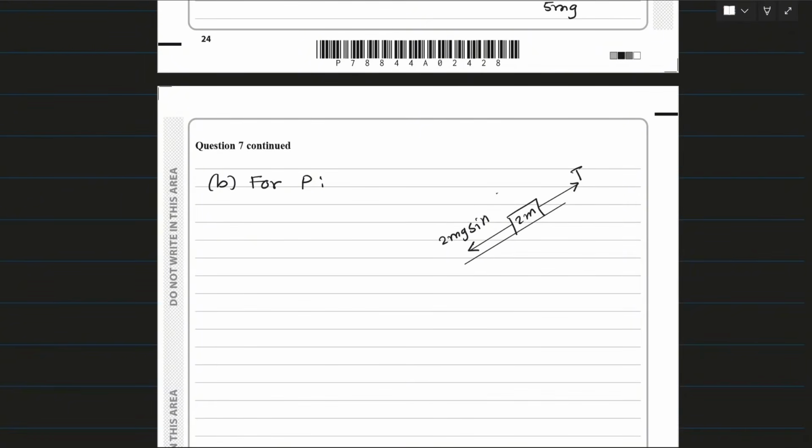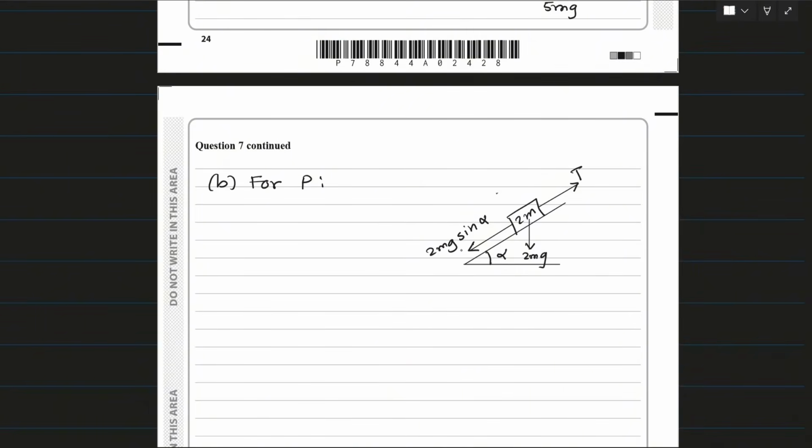We know that the angle the plane makes with the horizontal ground is alpha, and the component of weight acting along the plane is 2mg sin alpha. We see here that the weight of the block, which is 2mg, is acting at an angle. As the force is acting at an angle, this can be resolved into two components. One component is along the plane, another component is perpendicular to the plane.